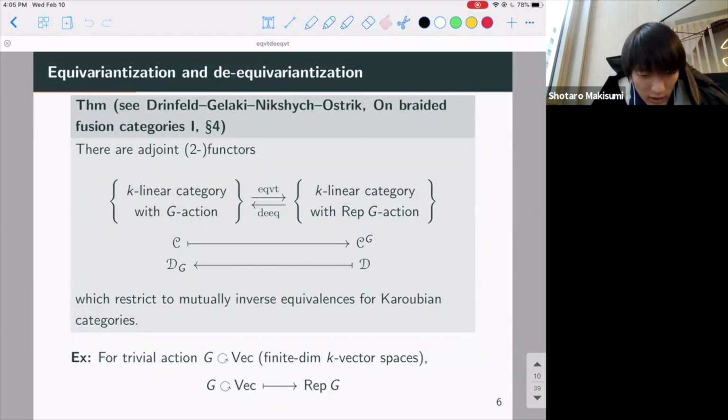The other direction uses that Rep G is semisimple. The basic idea is that you want the regular representation to contain all the simples as a direct summand.